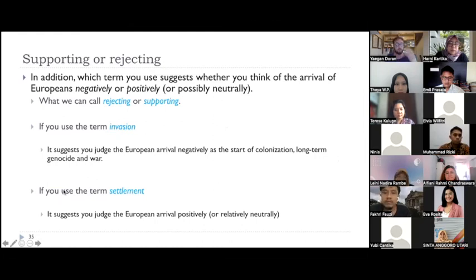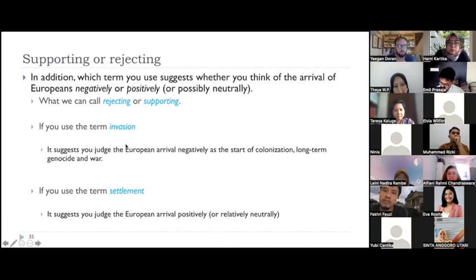So in addition to opposing settlement and invasion, or likening settlement with Aboriginal people or invasion with First Nations people and Indigenous people, which term you use also suggests what you think of the arrival of Europeans, negatively or possibly neutrally, what we can call rejecting or supporting.